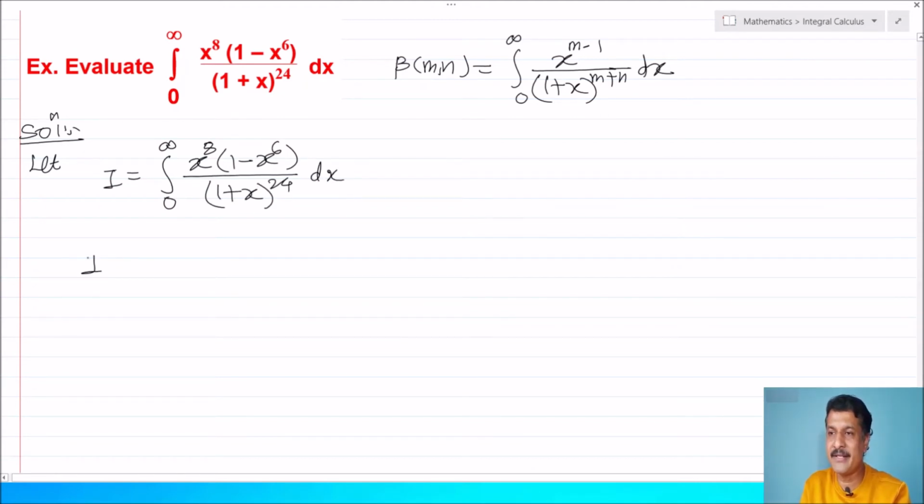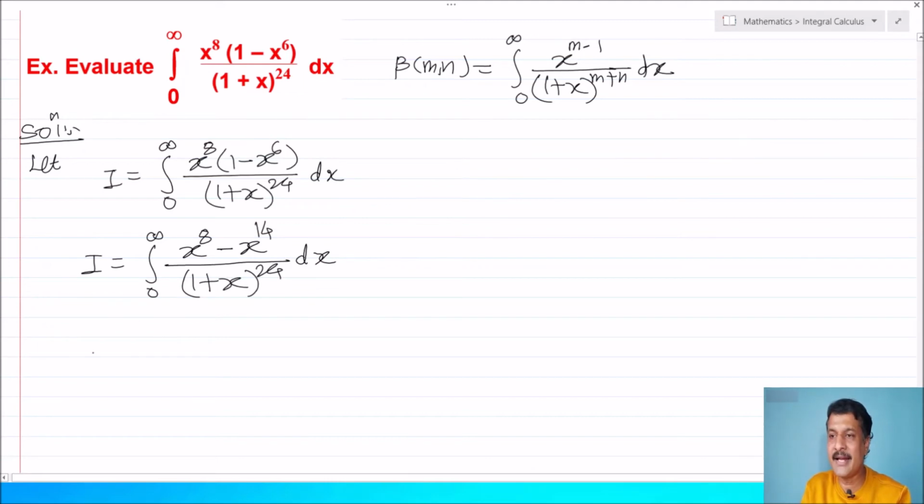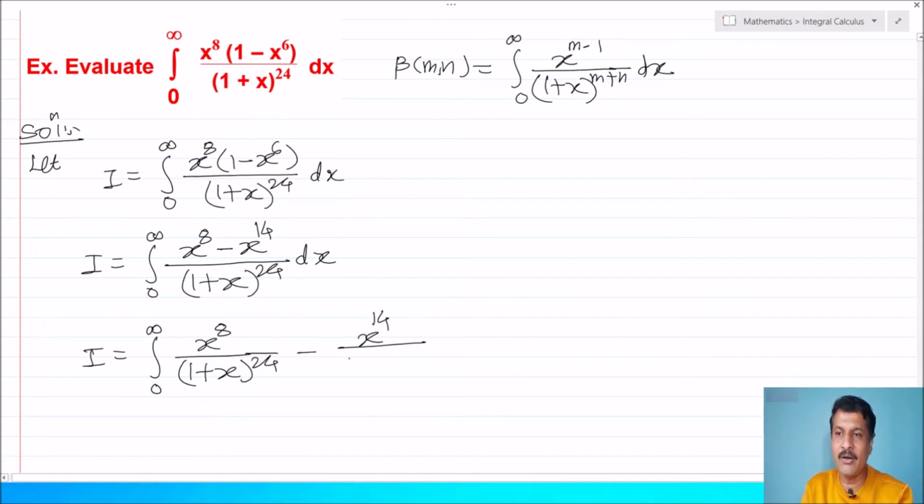If we simplify it, I am getting integration 0 to infinity x raised to 8 multiplied inside, so I am getting (x raised to 8 minus x raised to 14) whole divided by (1 plus x) raised to 24 dx. Same thing I can write as integration 0 to infinity x raised to 8 upon (1 plus x) raised to 24 minus x raised to 14 upon (1 plus x) raised to 24 into dx.